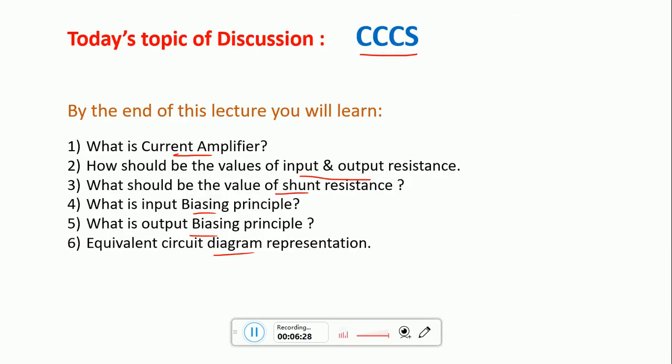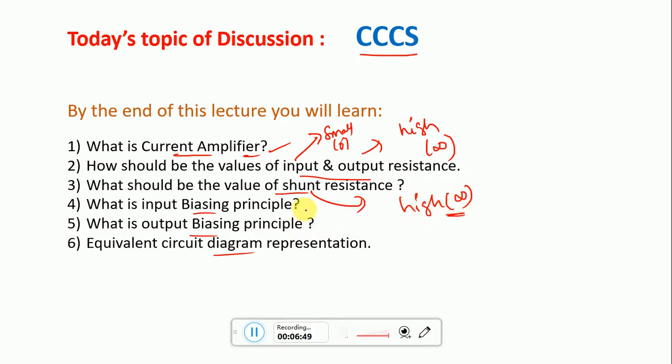Now let us see whether we have learned about these or not. So now you can answer what is current amplifier and the values of input and output resistance. The input should be very small, ideally equal to 0. The output should be very high, ideally equal to infinite, and the shunt resistance should be very high, ideally equal to infinite, but we cannot control this. The input biasing principle is Norton's equivalent.